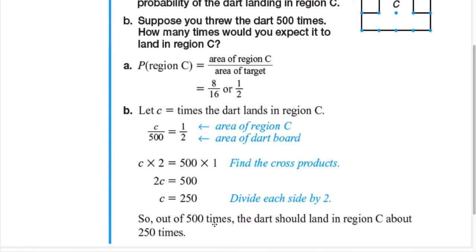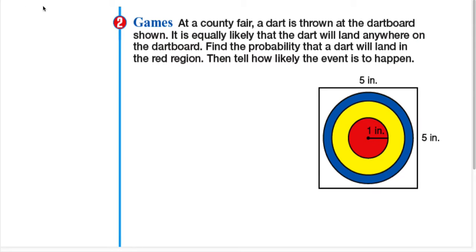Let's take a look at the last example. At a county fair, a dart is thrown at the dartboard shown. It is equally likely that the dart will land anywhere on the dartboard. Find the probability that a dart will land in the red region. Then tell how likely the event is to happen.